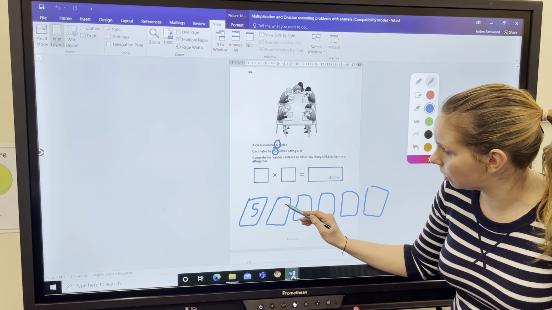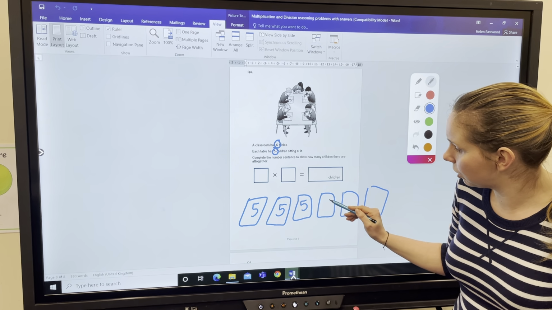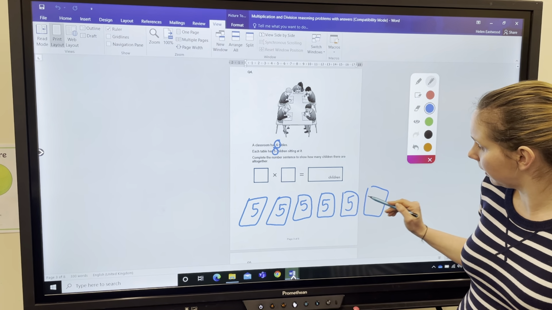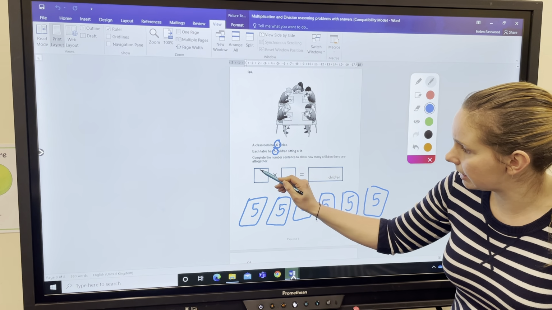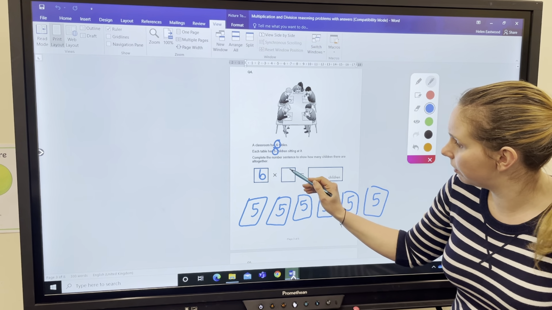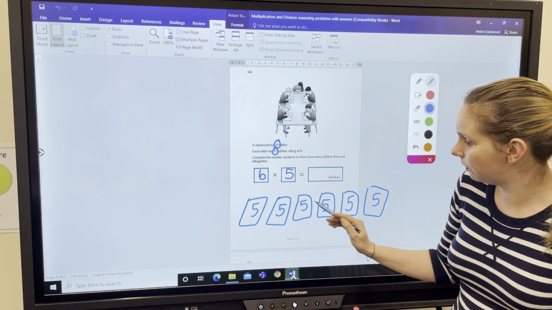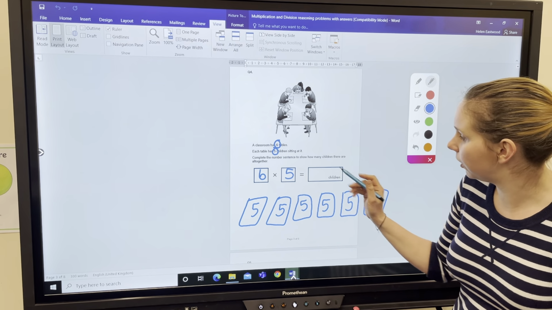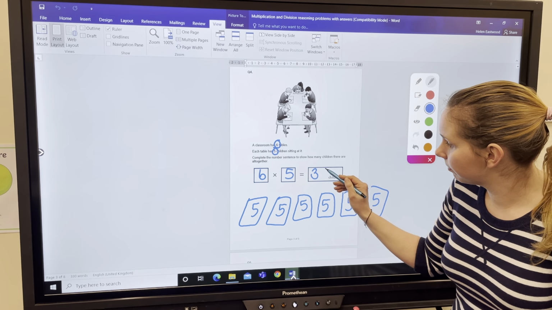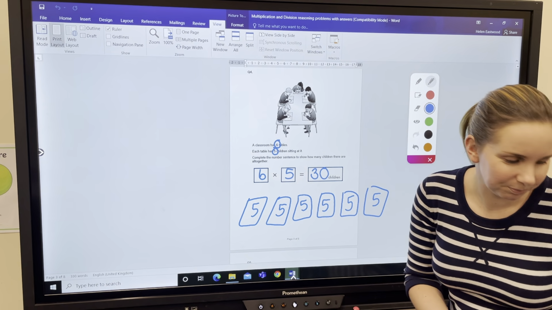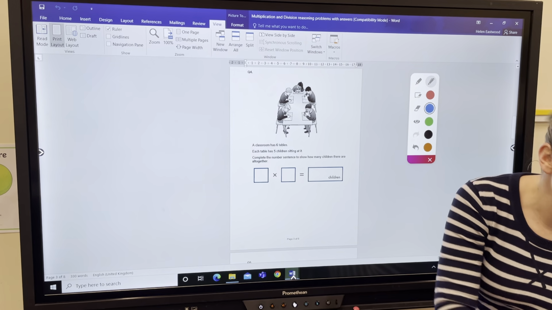There are 5 children at each table. So I know it is 6 lots of 5. And I know that my answer is 5, 10, 15, 20, 25, 30. There we go. Let's have a look at our next question.